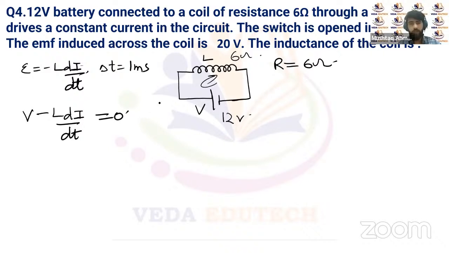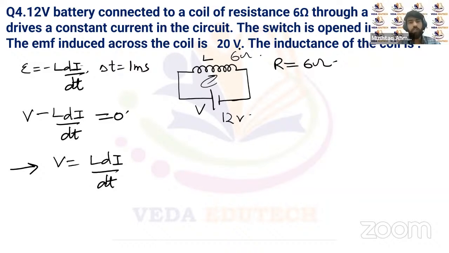We know that the resistance of the coil depends upon the frequency as well, so we cannot use that concept here to calculate the inductance of the coil. The induced EMF is 20 volts, but this V should be equal to L di by dt.